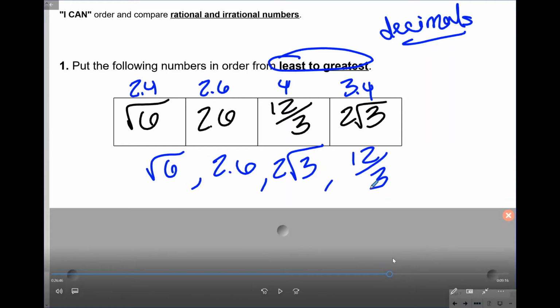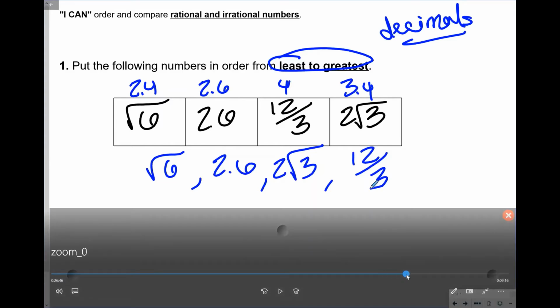And read the question carefully. What if they ask you to put the following numbers in order from greatest to least, which I have down here, but I'm not going to show you? Then you will need to put it from greatest to least, not from least to greatest. Answer the problem that they are telling you to do.